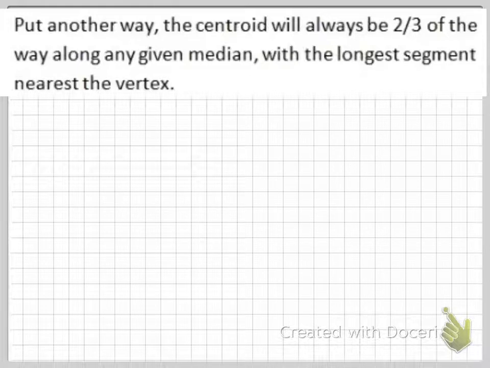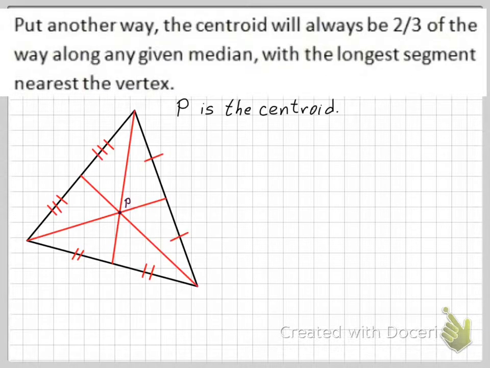And put another way, the centroid will always be 2/3 of the way along any given median with the longest segment nearest the vertex. So this follows from the previous statement about the distance from the centroid to the vertex being twice as long as the distance from the centroid to the midpoint of that median. It's just another way of saying it.